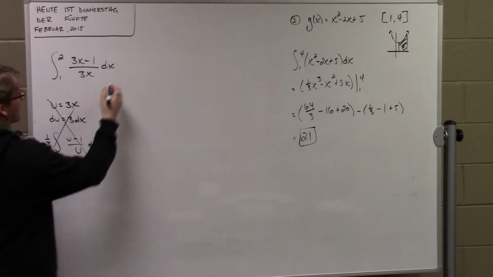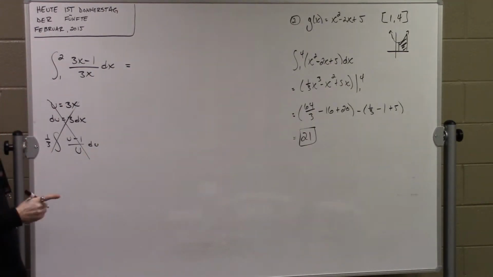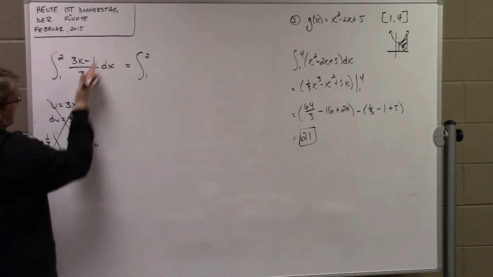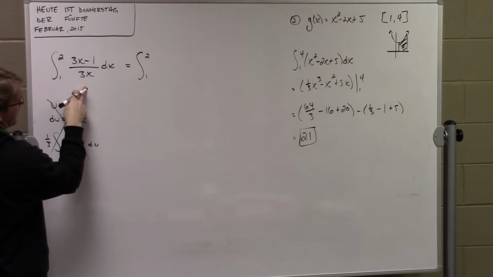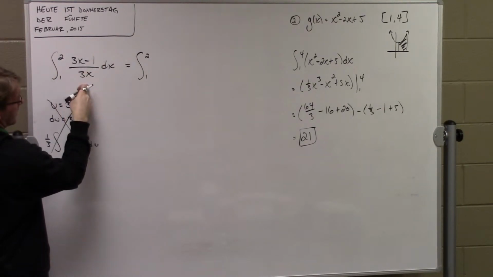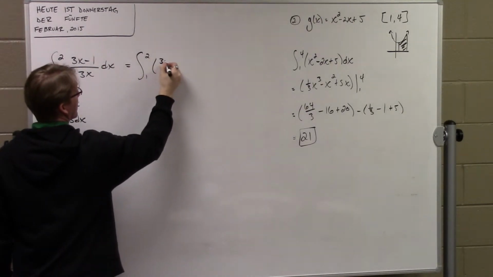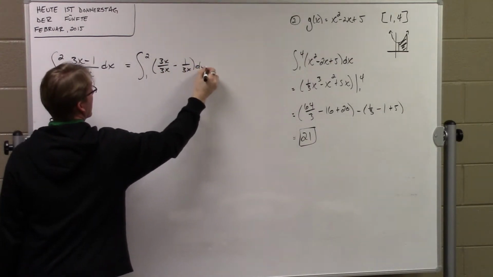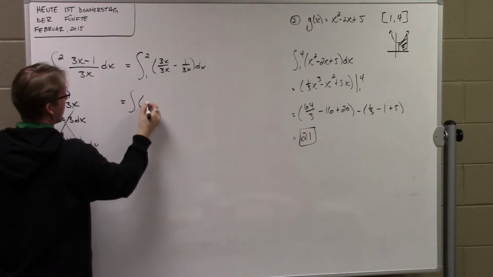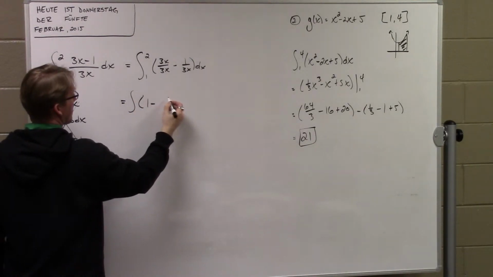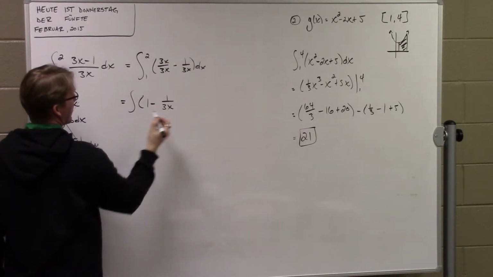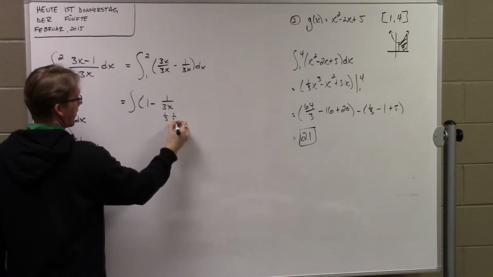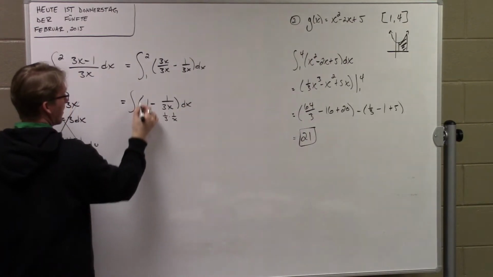Here's what I would suggest. This one works nicely without using u-sub. If you rewrite it, split your fraction: 3x over 3x and 1 over 3x. So it becomes 1 minus 1/3x, or you can think of that as 1/3 times 1/x for what's about to happen.